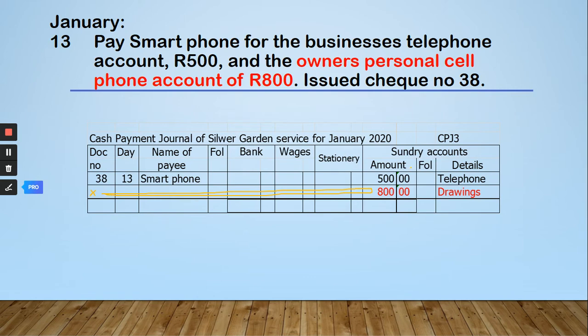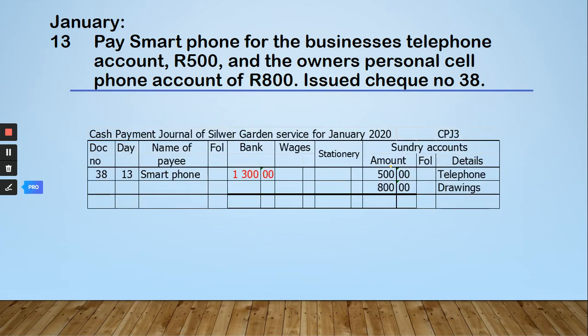Alright, so 500 plus 800 gives me the 1,300 that is going to go into my bank. So now when I look at this, 1,300, 500 for the business's telephone account, and 800 Rand for drawings, which is my owner's cell phone account.